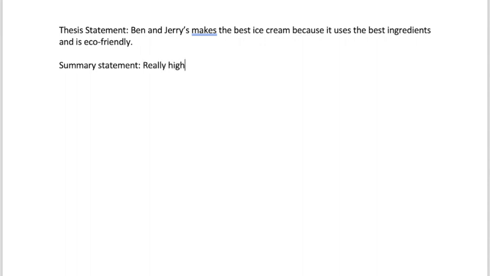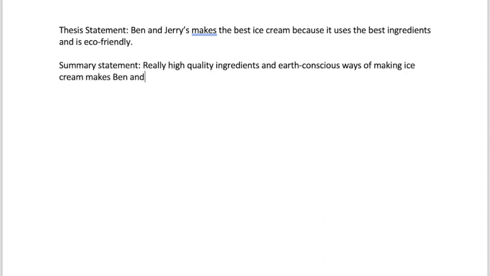Really high quality ingredients and earth conscious ways of making ice cream makes Ben and Jerry's the best ice cream producer, period.